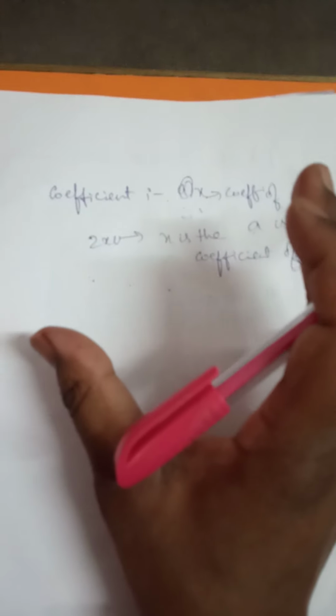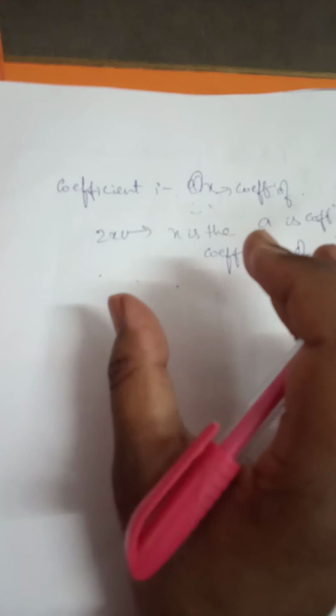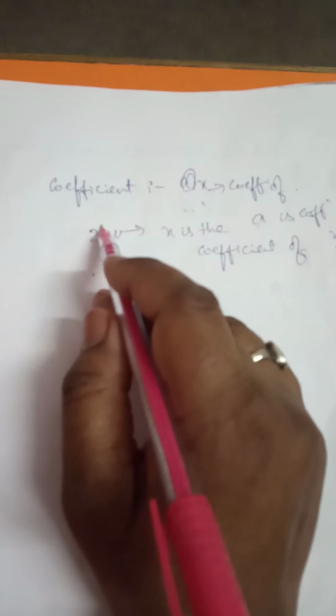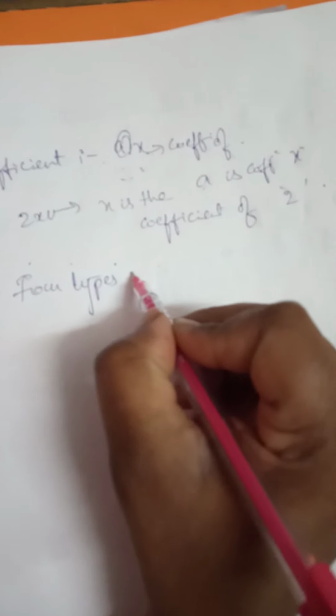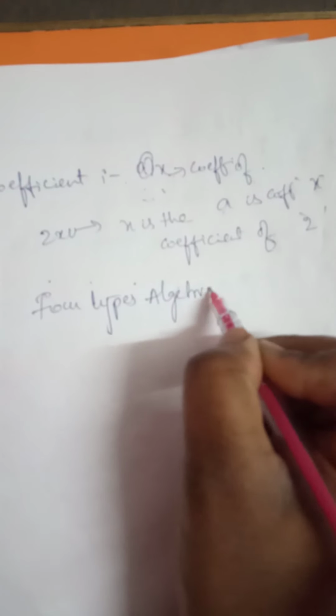Now, not only constants, variables, algebraic expressions, numerical expressions, coefficients, like terms and unlike terms, these are important concepts, but there are also the types of algebraic expressions. Yes, there are 4 types of algebraic expressions. What are they?